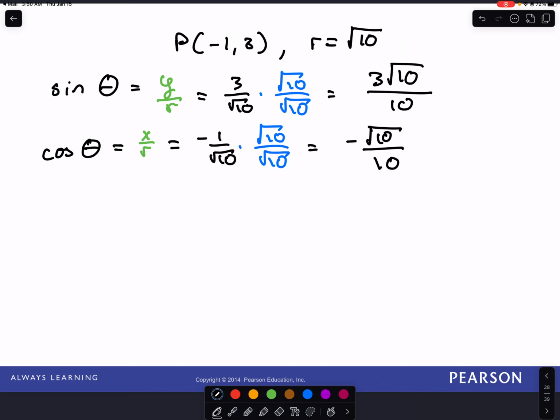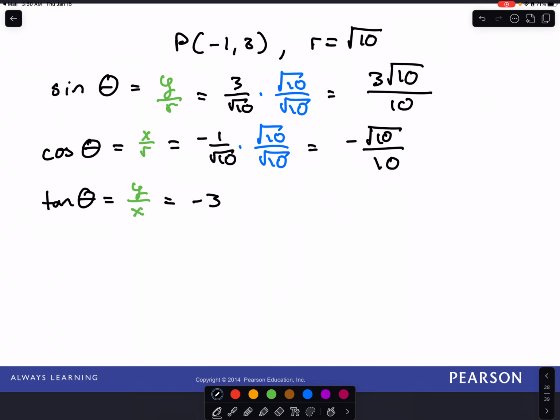So I feel pretty good about these. So then now that we have sine and cosine, tan of theta is what? Sine over cosine, so that's going to be y over x. Basically -3 in this case, -3 over -1 to get this.